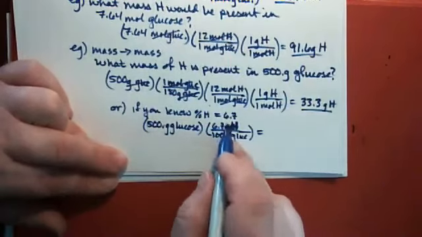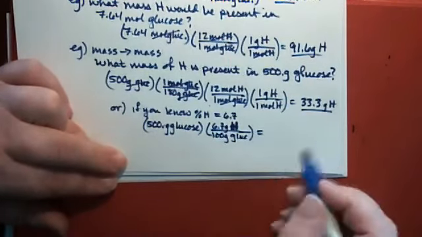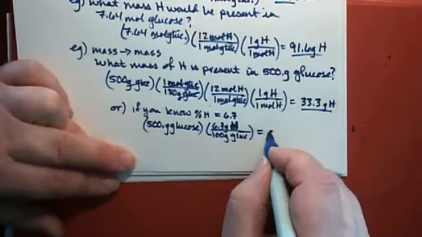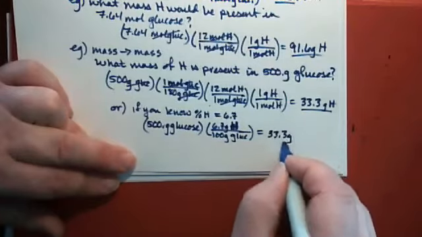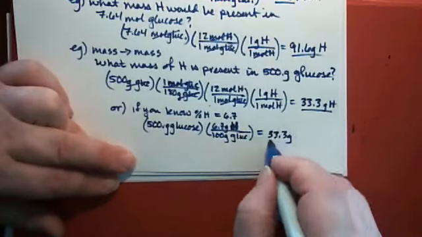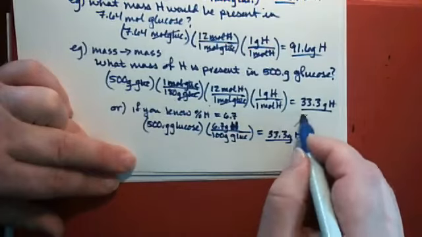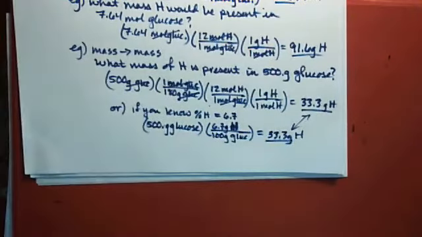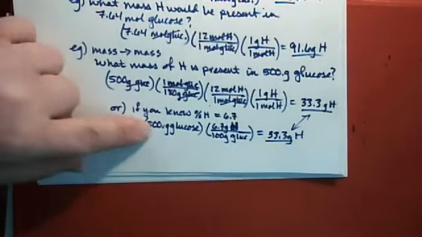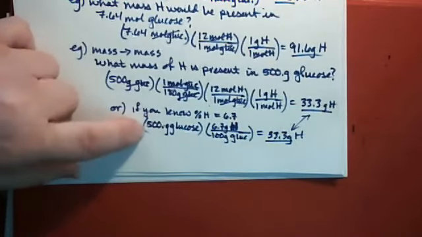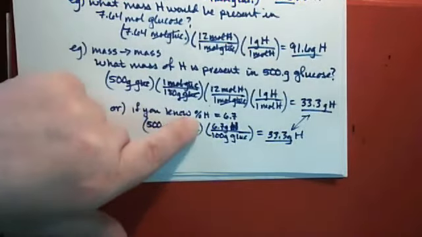And you can multiply that ratio by the 500 grams. And guess what you get? 33.3 grams. Same as we got the other way. So this is obviously the easier way if you know the percentages of the elements in the compounds.